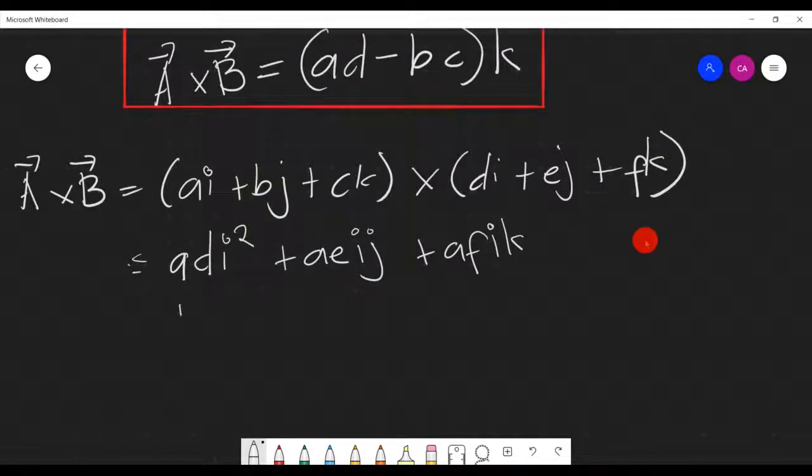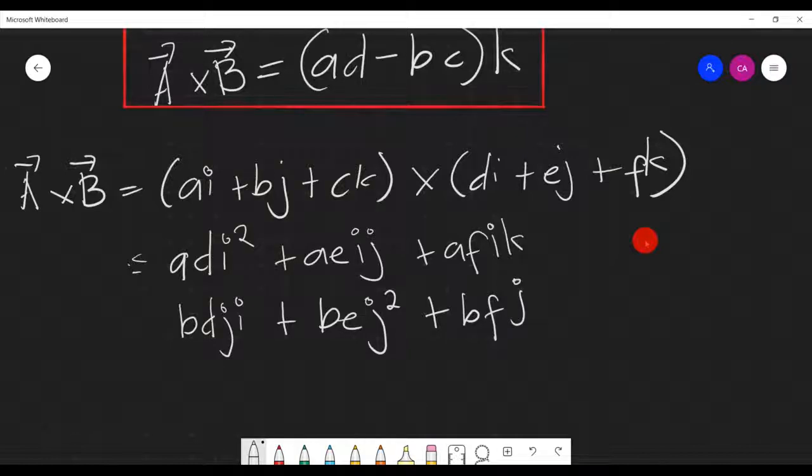Tuloy naman natin, so BD times ji, then next is BE times j squared plus BF jk.